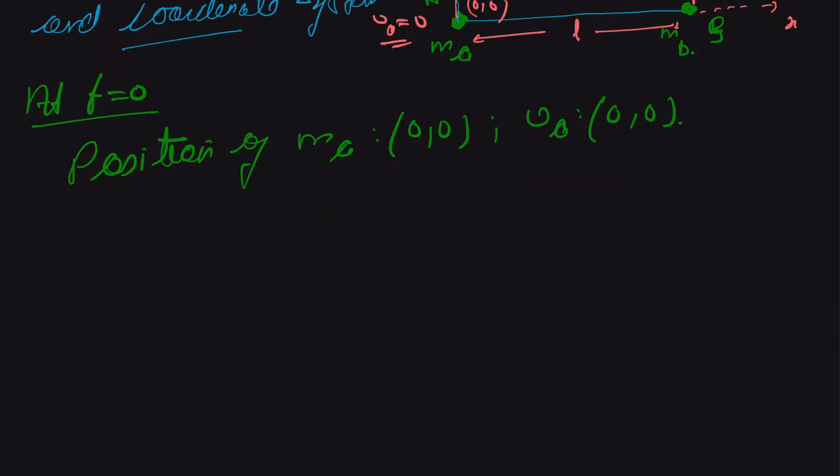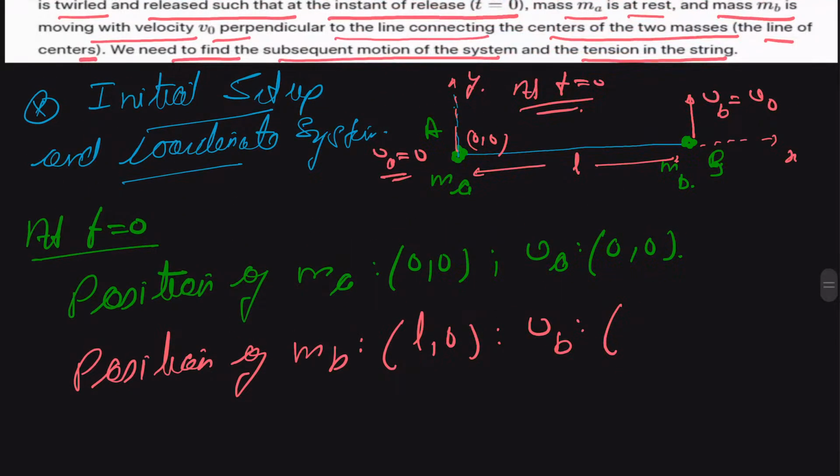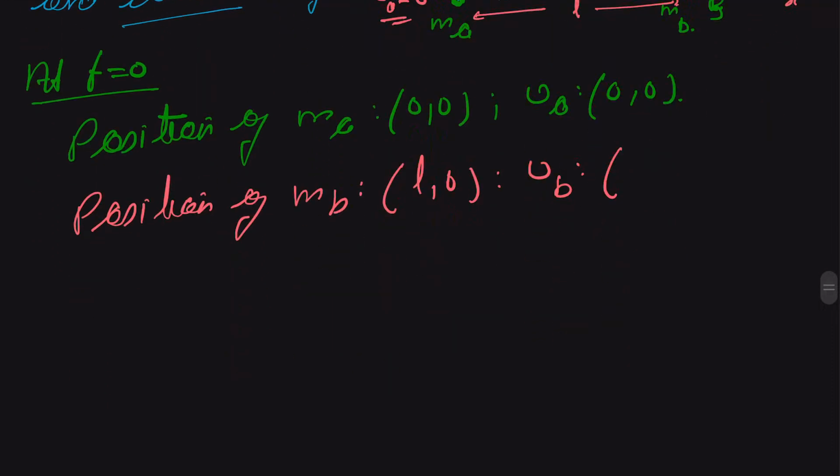And we come to mass B, so the position of mass B is 0, L, 0, and the velocity of B is perpendicular to our x-axis, so therefore it will be 0, VB.